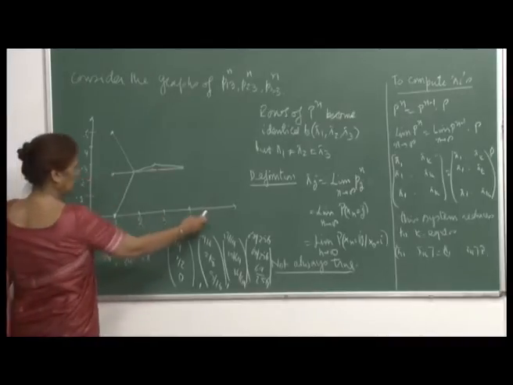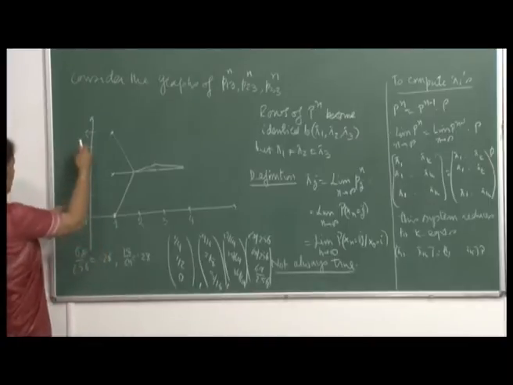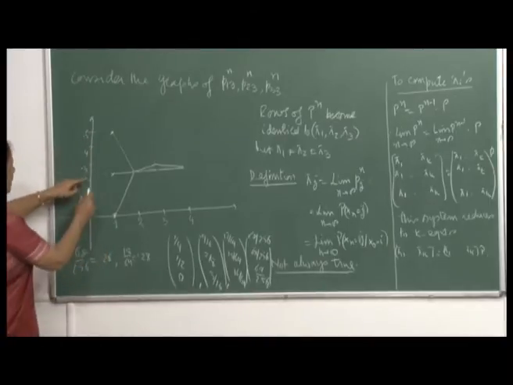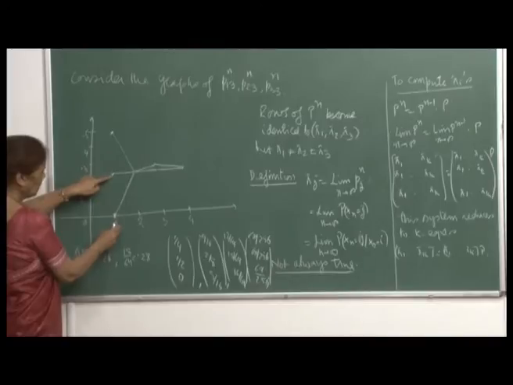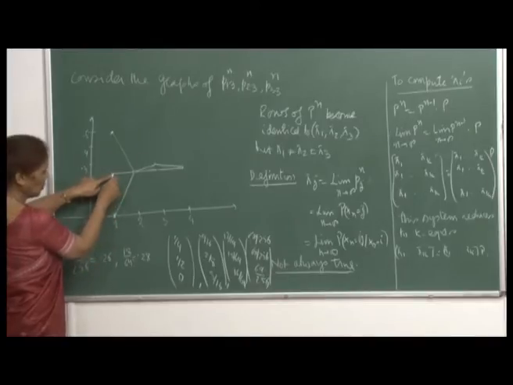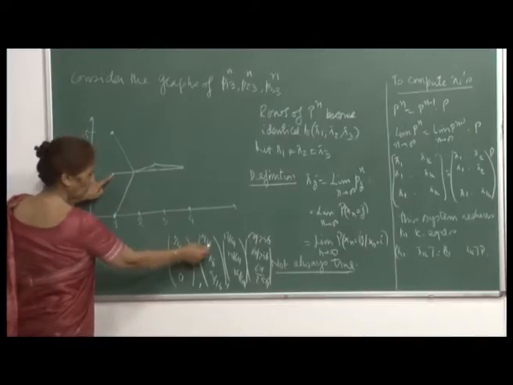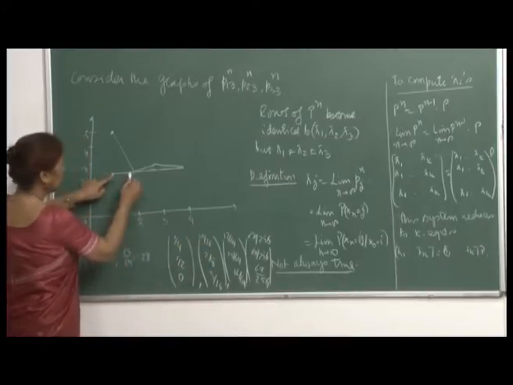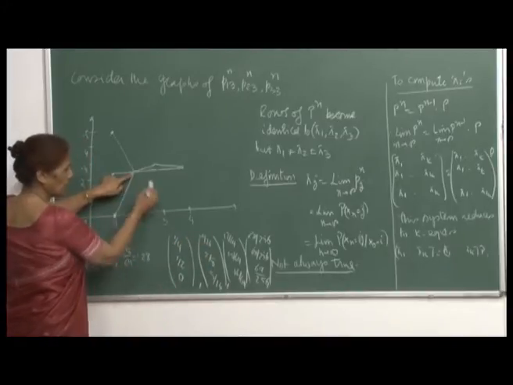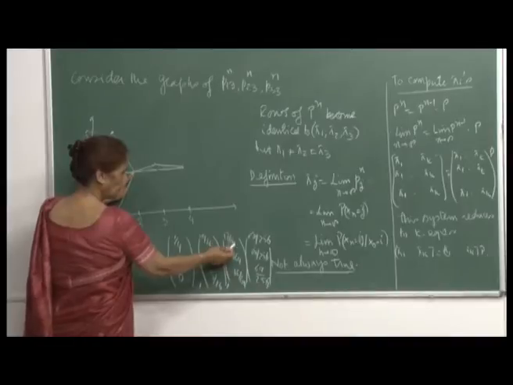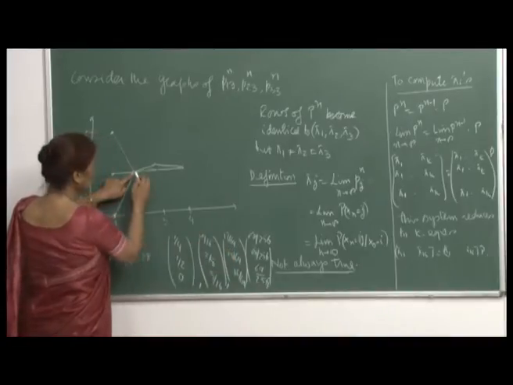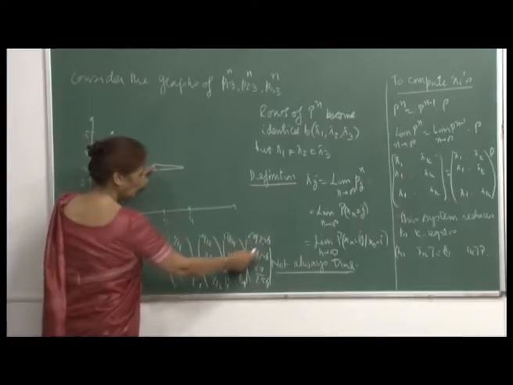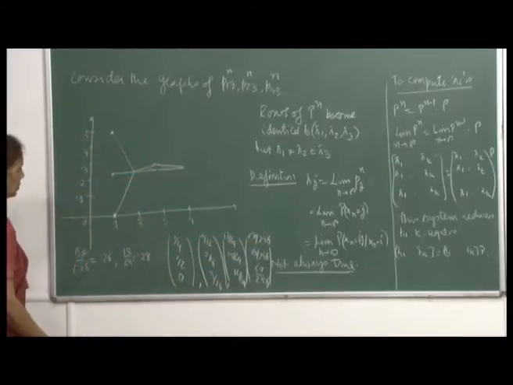So, these are the time periods and these are your probabilities, numbers from 0.1 to 0.5. At period 1 it is 0.25, and 4 by 16 is 0.25. In period 2 it is the same, then it very slightly goes up in period 3 to 17 by 64, and then it comes down to 68 upon 256.